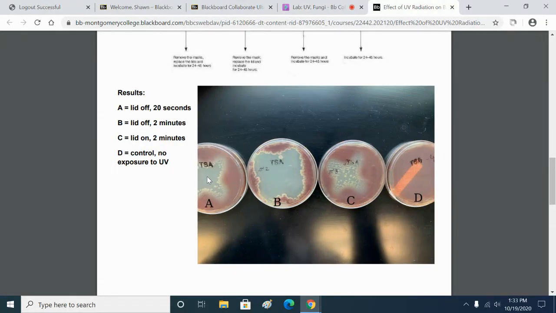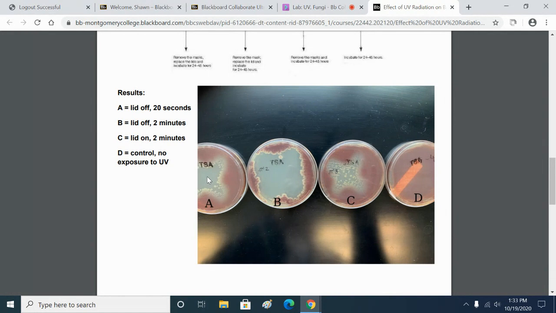So what do you think it does to your skin cells? Is it a good idea to get nice and tan every summer? Probably not. Definitely not, right?